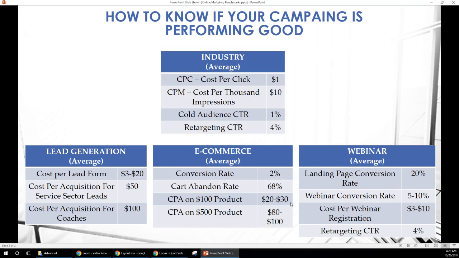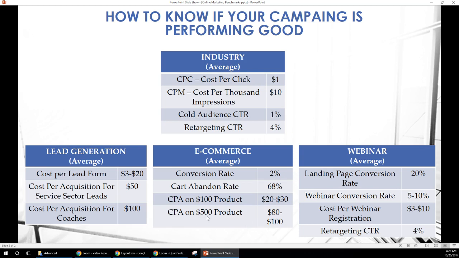So that means that we have at least 2 point something, let's say 2.3 return on our ad spend. So for every dollar we spend, we get $2.10 back. I hope that makes sense.